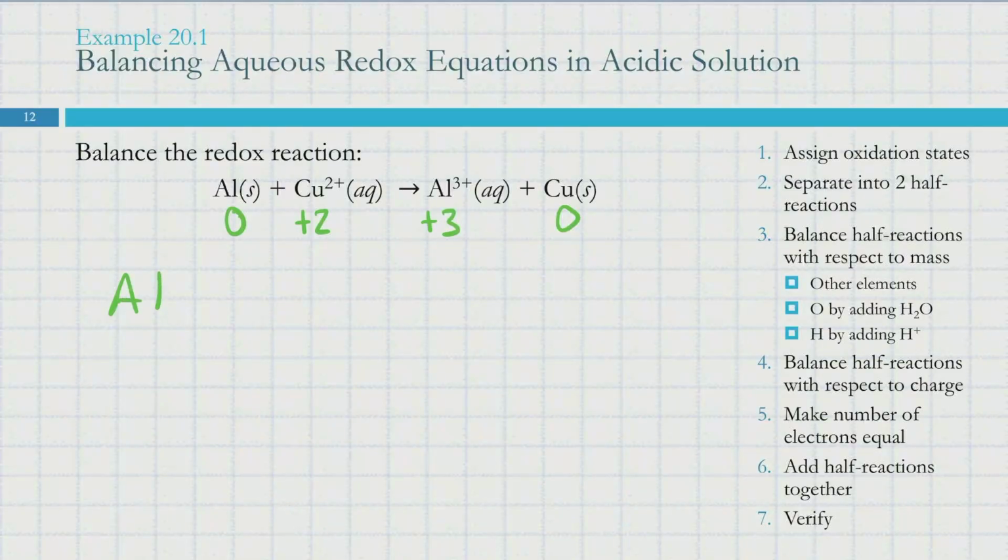So our oxidation half reaction is the aluminum going to Al3+, aluminum ion. And our reduction half reaction is copper 2+ going to copper. We're reducing the oxidation state number. It's going from a +2 to 0.